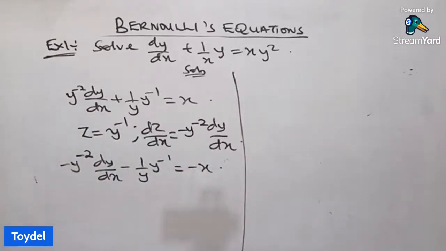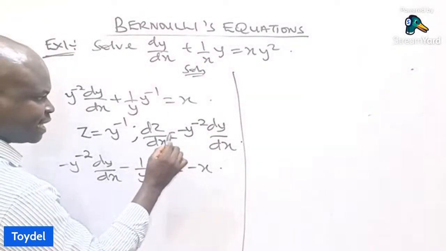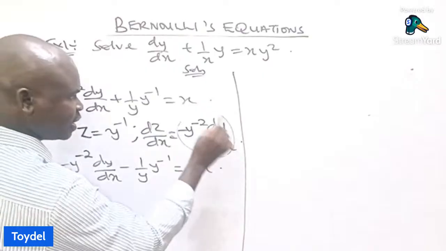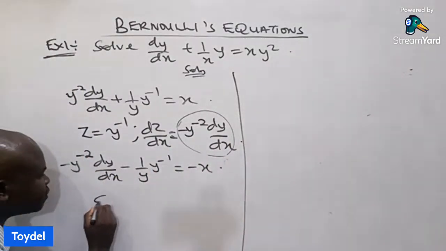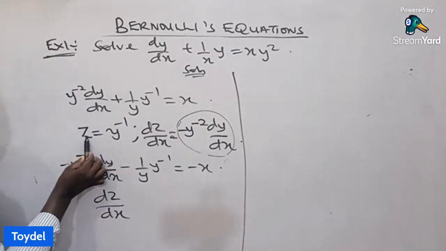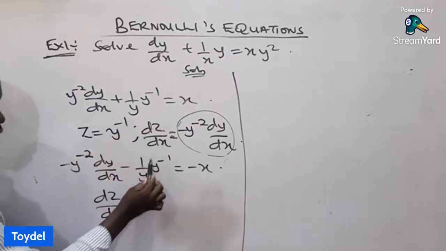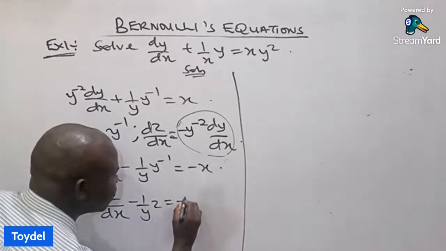The next step is that we now substitute. You realize that everything we have here is what we have transformed into dz/dx. So I will change everything here now to dz/dx. Then z is the same thing as y raised to the power minus 1. So I will change this to minus (1/x) z is equal to minus x.